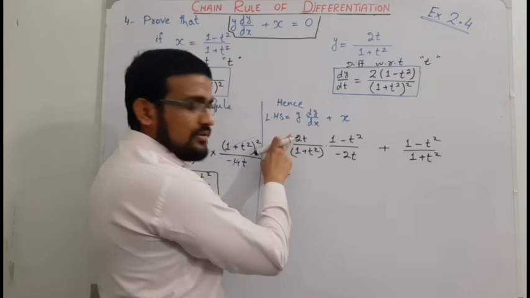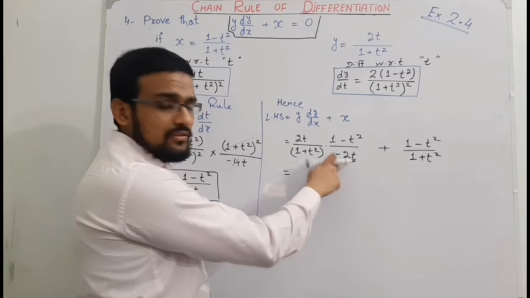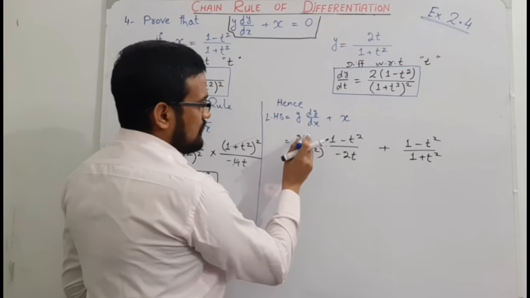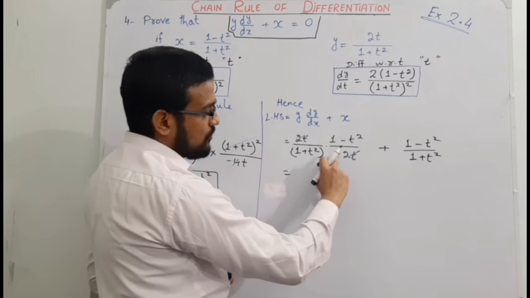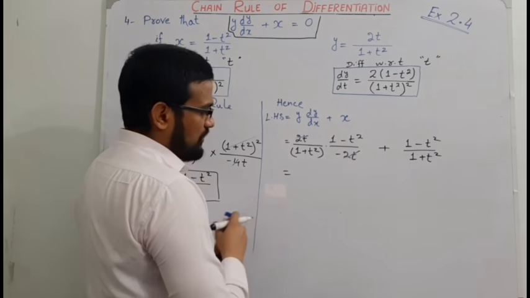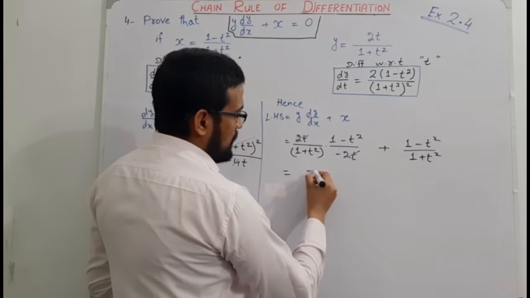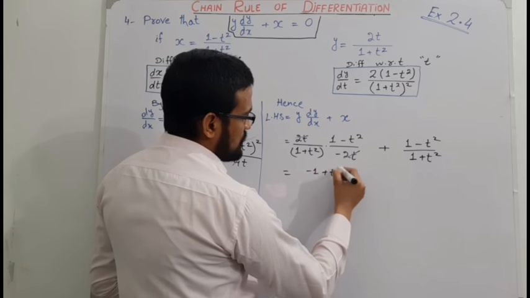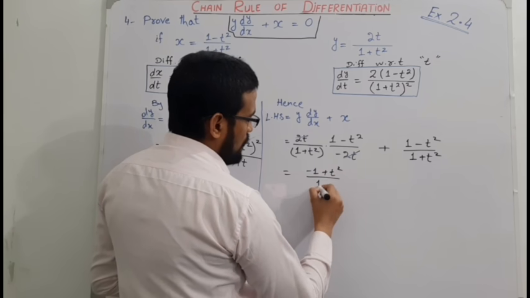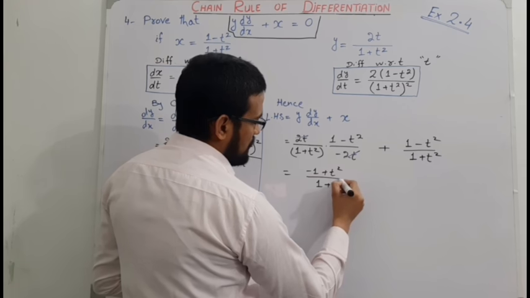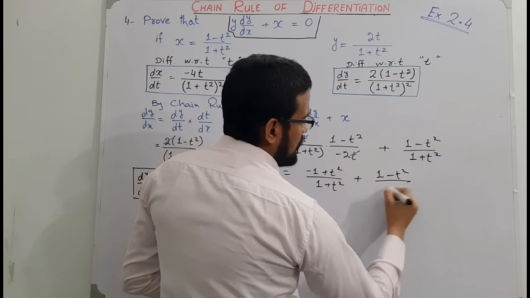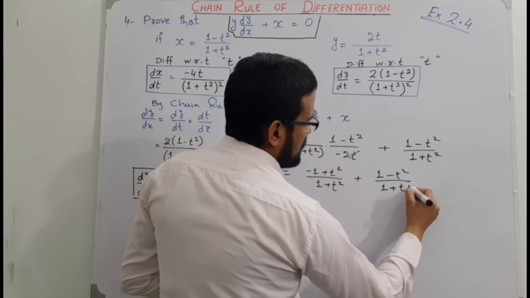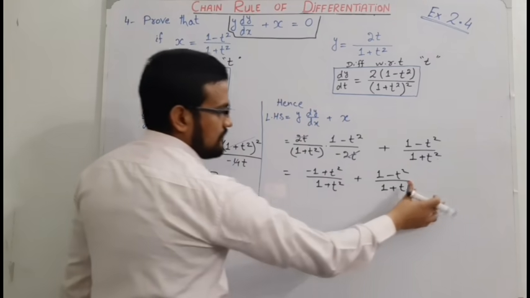Here students, 2t and 2t cancel with each other, and this negative sign moves to the numerator, then it becomes minus 1 plus t square over 1 plus t square, and 1 minus t square over 1 plus t square.